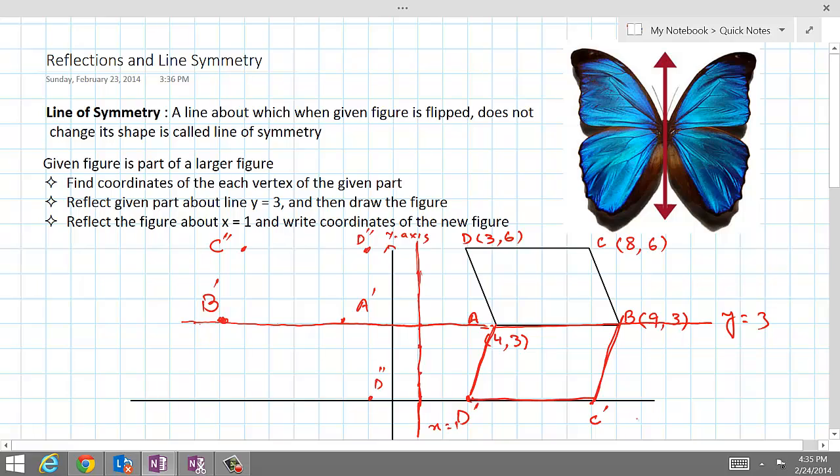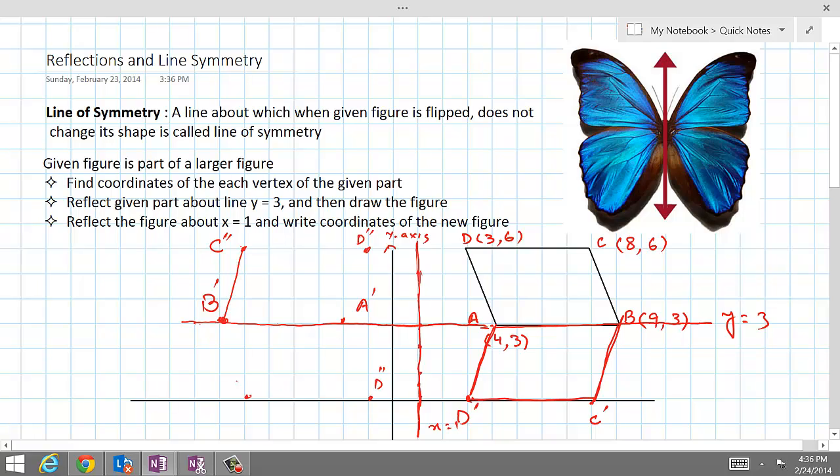And C double dash: this is 7 units toward right. Now we'll go 7 units toward left. 1, 2, 3, 4, 5, 6, and 7 here. So therefore, our shape is going to be like this.